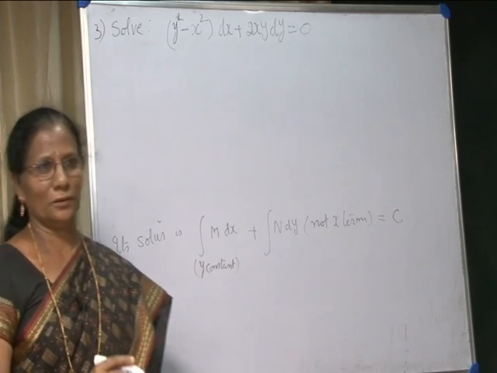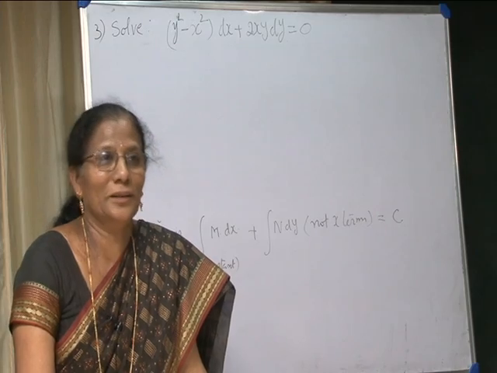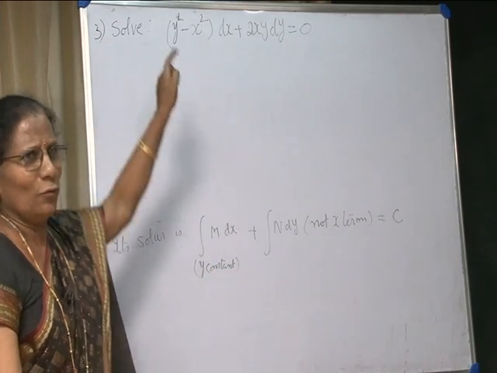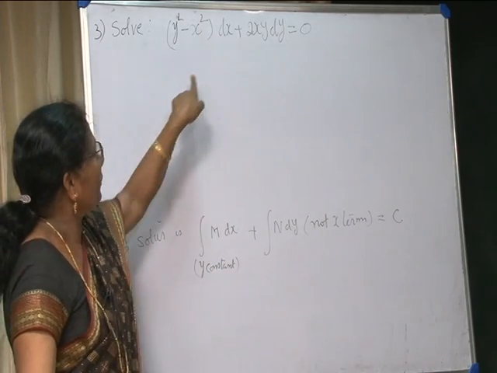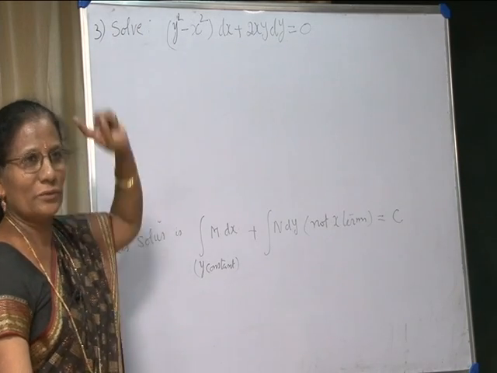Just you see that this is a homogeneous equation and an exact equation. See, dy by dx is equal to (y squared minus x squared) divided by 2xy.